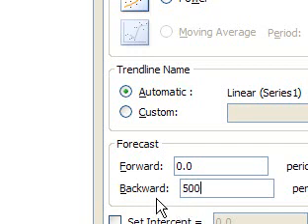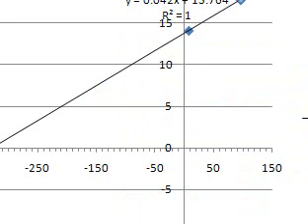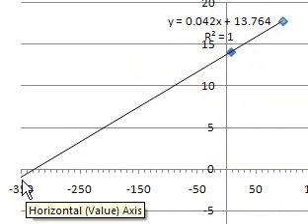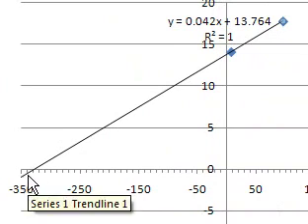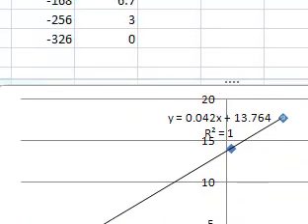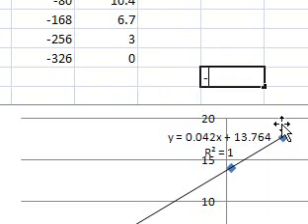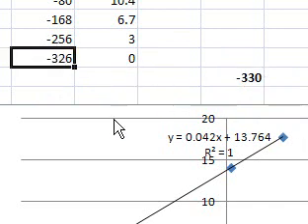I checked this earlier that apparently I have to add 500 periods backwards, and then it stretches that line, and we can see that it hits approximately negative 350, negative 340, negative 330 approximately is the absolute zero, and of course that's what I had earlier, so negative 330.